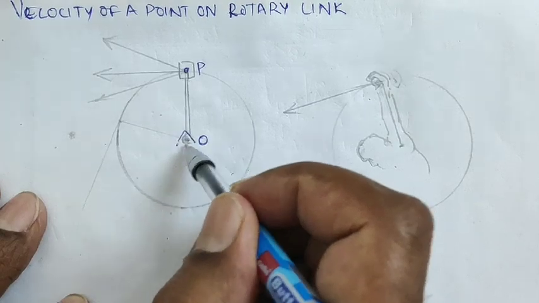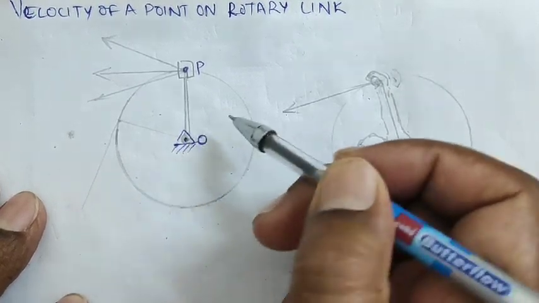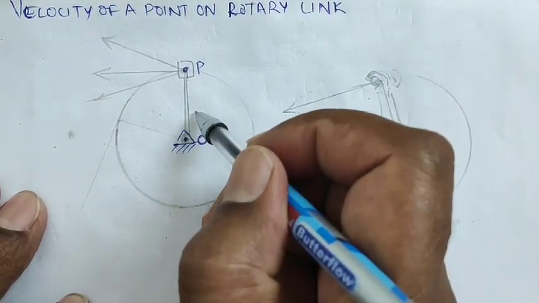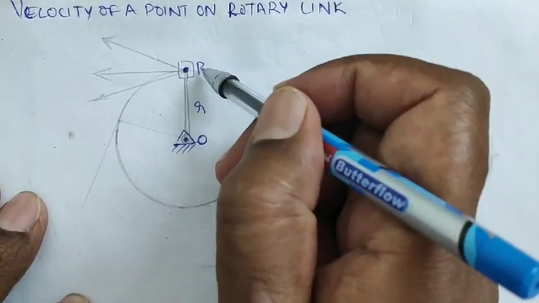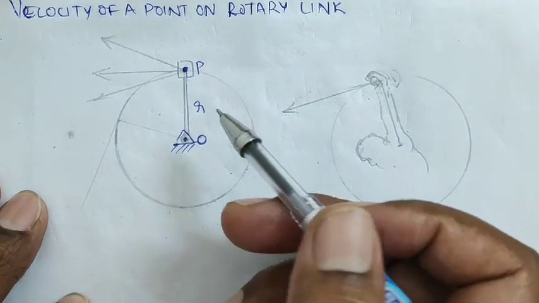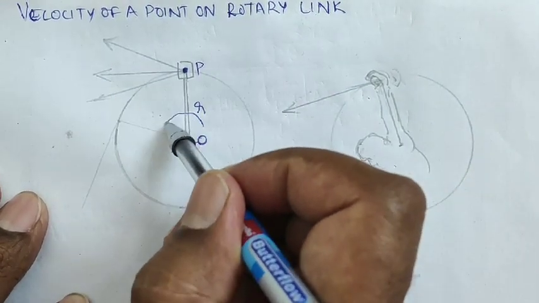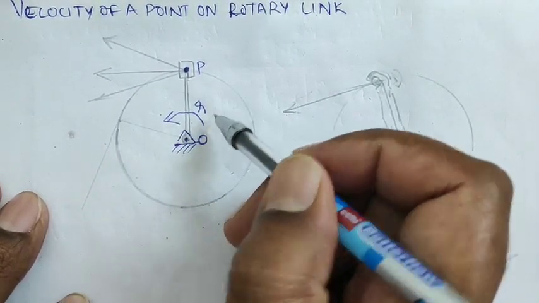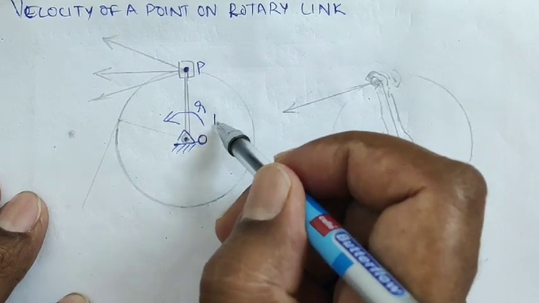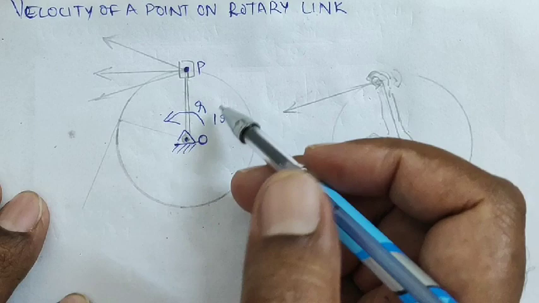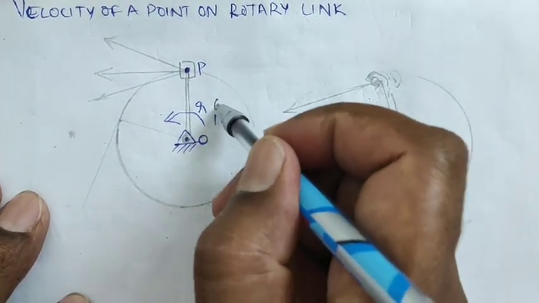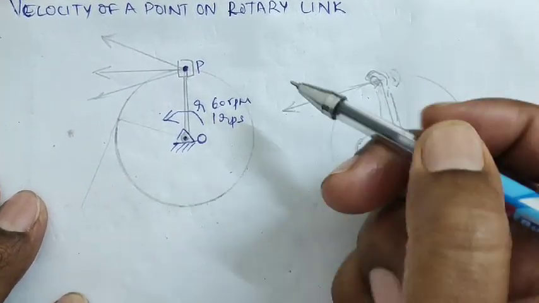So imagine this link which is revolving about this hinge, and let this link have a radius r, and the end of the link is P. As it revolves in this direction at some velocity, you can call this 1 round per second, or 60 rounds per minute.